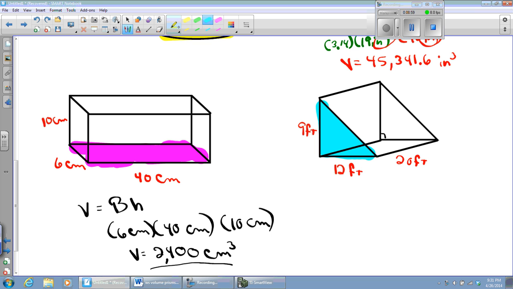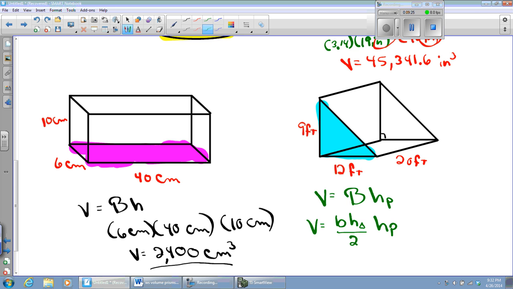All right, so here's what we're going to do. We're going to use the same formula, capital B, H. Now remember, this H is the height of the prism. Because capital B, triangle, it's going to be base times height, and it's the height of the triangle. Cut it in half, and then I'm going to multiply it by the height of the prism.